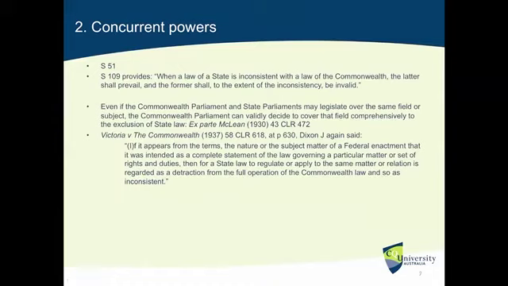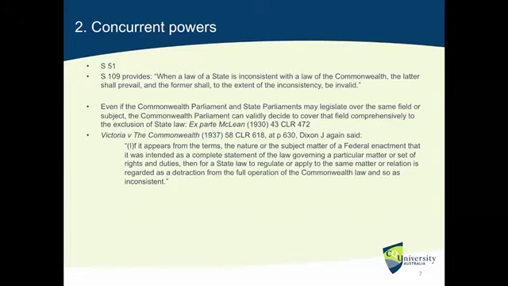Now, moving on, it is important to emphasize that as far as the legislative powers of the Australian Commonwealth Parliament are concerned, it only has those powers which have been granted to it by the Constitution expressly or impliedly. So let me repeat that.